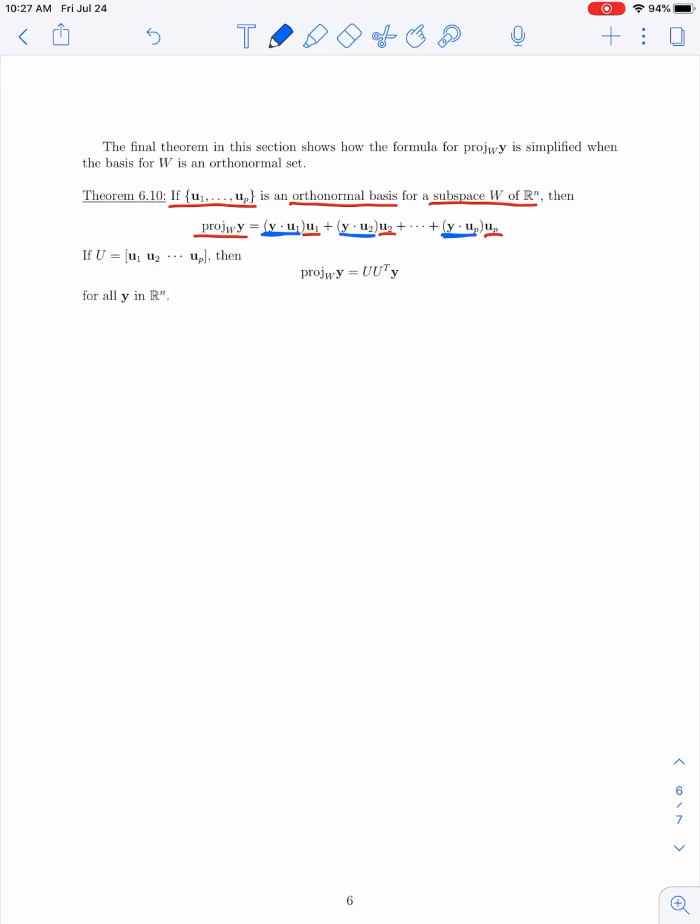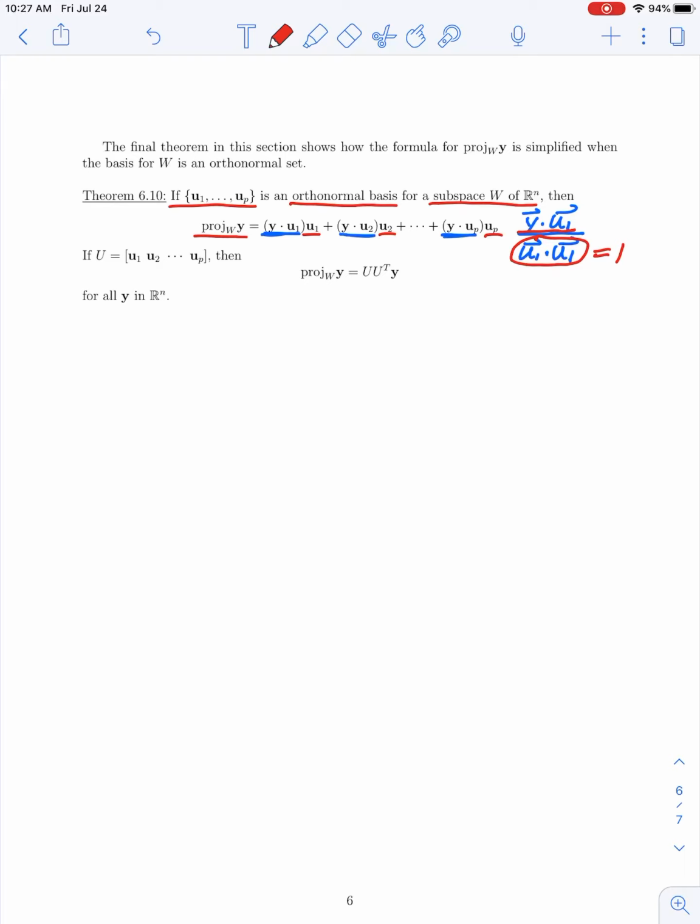Now, why would that be true? Well, in general, if we're looking at the weights that we've been using, we would have something of this form. But if each of our vectors is a unit vector, then this dot product of that vector with itself must be equal to 1. So we're just left with the numerator in that case, the dot product of y with these unit vectors.